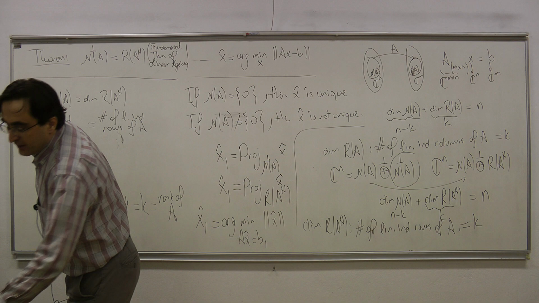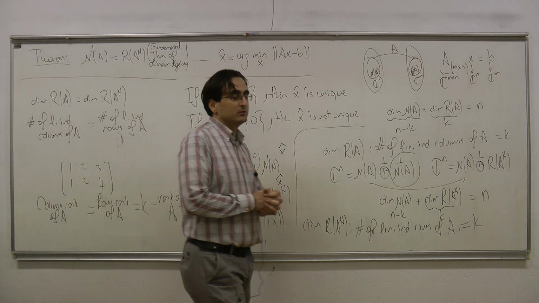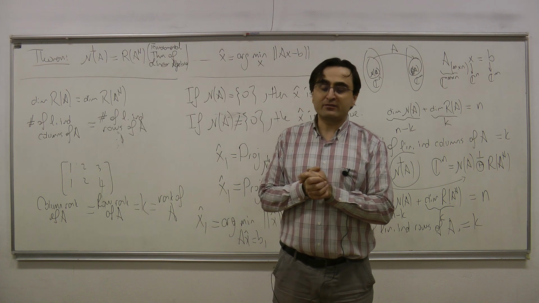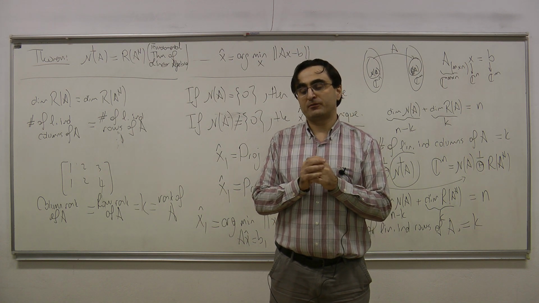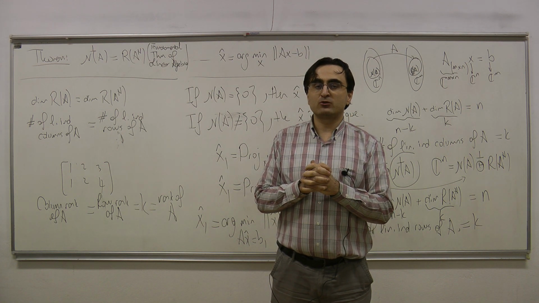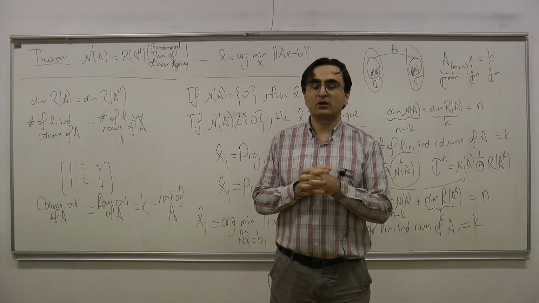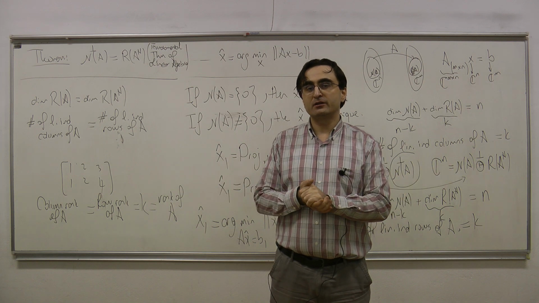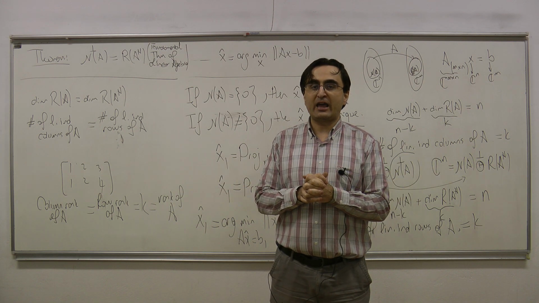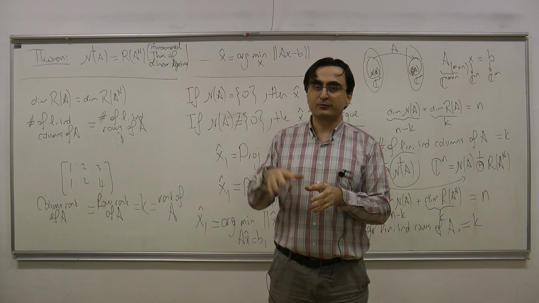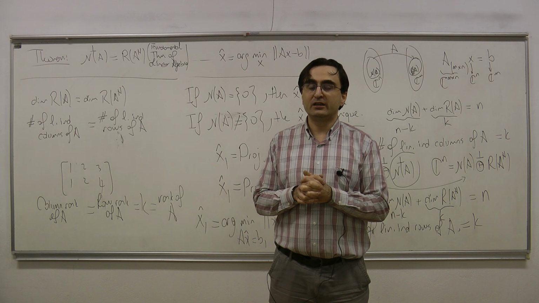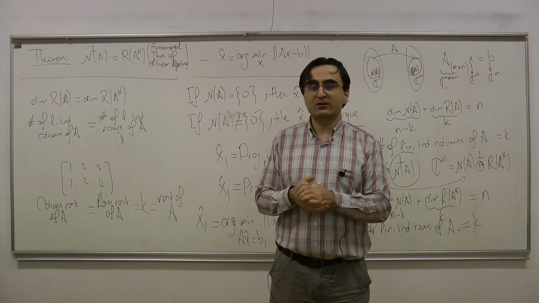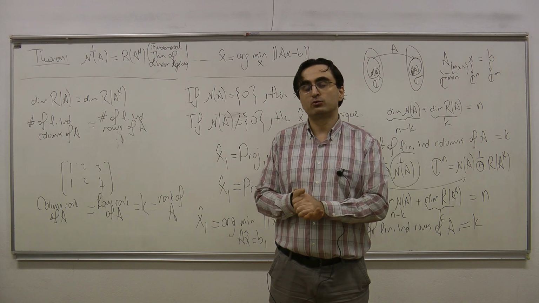So that completes this relatively short lecture. In the next lecture we are going to see some specific cases. What happens when we have a full column rank, which means that all columns are linearly independent, and what happens when we have a full row rank, if all of the rows of A are linearly independent, and what happens if A has both full column and full row rank.